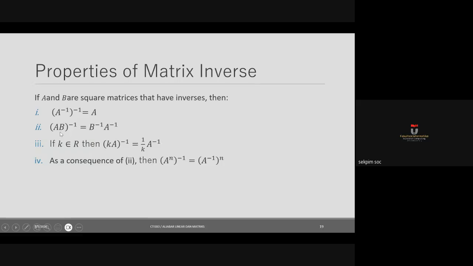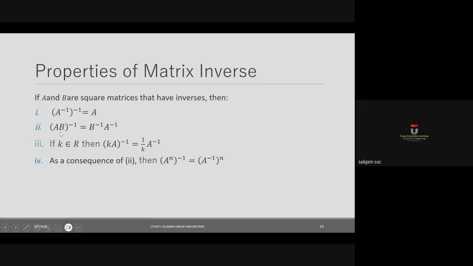Okay, next. This is the properties of matrix inverse. Suppose that we have A inverse, and the inverse of A inverse is just A. So if you have AB inverse, it will be equal to B inverse times A inverse.